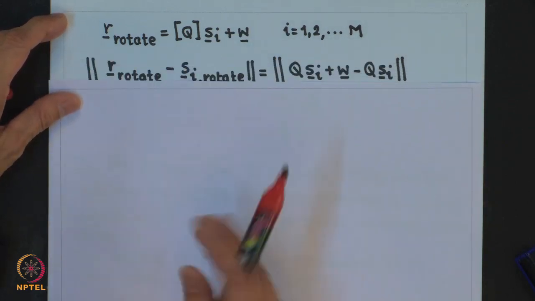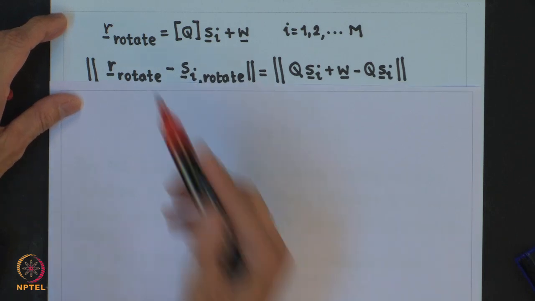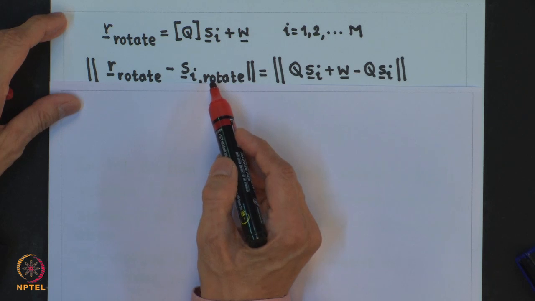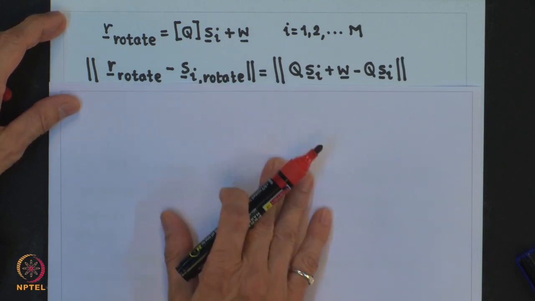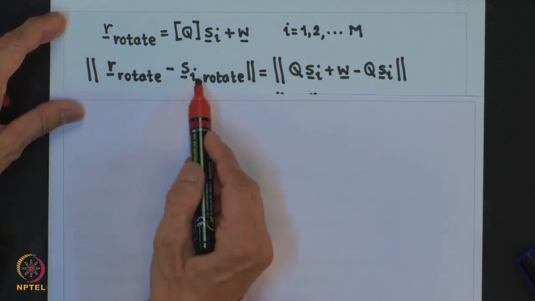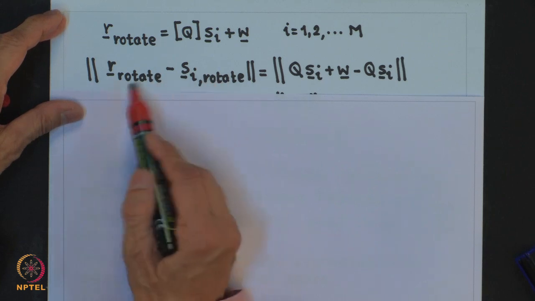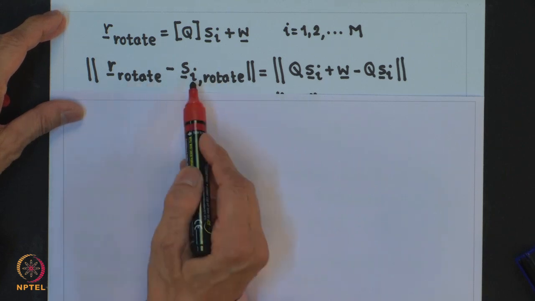Now, let us try to calculate the distance between the received vector and each of the message vectors in the signal constellation. So, here I have shown the distance calculation for a particular message vector Si after rotation. So, this will be the Euclidean distance which I will have.